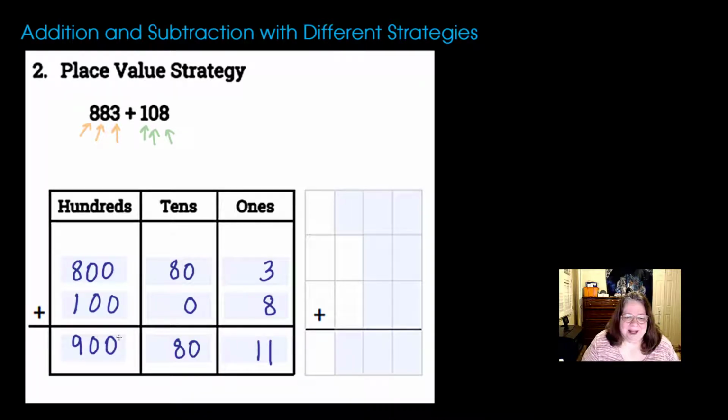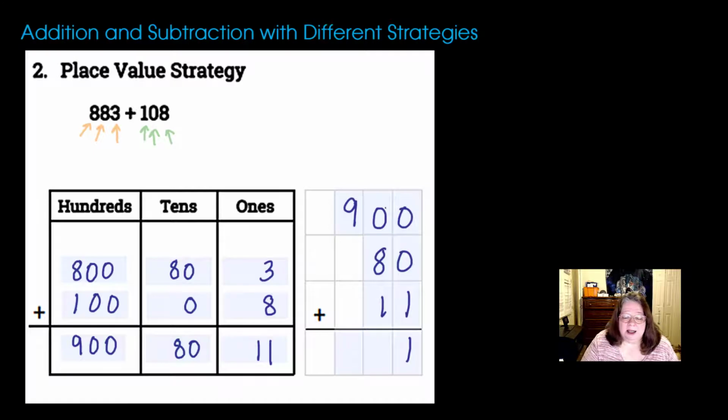So the next step is to transfer these values into our working form over here, our vertical way of adding. Let's start with the 900, put that on top, then we'll put the 80, then we'll do 11. Let's add them up. 0, 0, and 1 is 1.